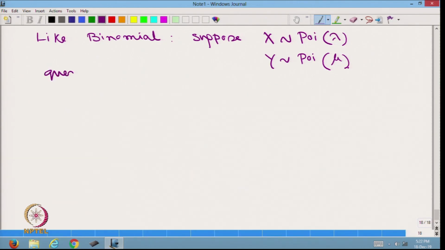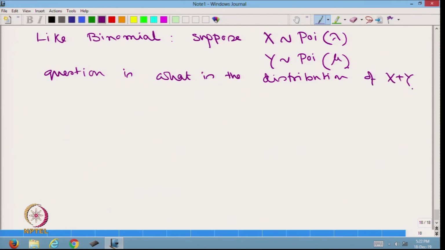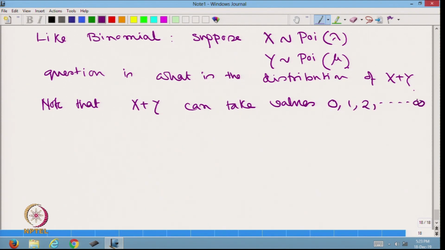The question is, what is the distribution of x plus y? Note that x plus y can take values 0, 1, 2, up to infinity.